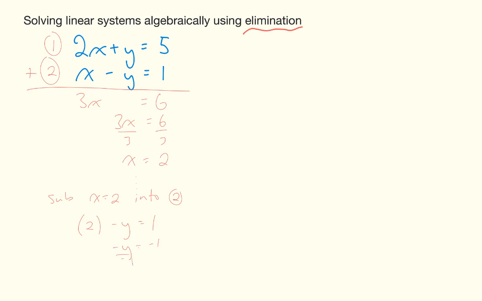Divide both sides by negative 1, y equals 1, right? Therefore, my solution is (2, 1), right? And I could check by subbing into both equations to verify that my solution is true.